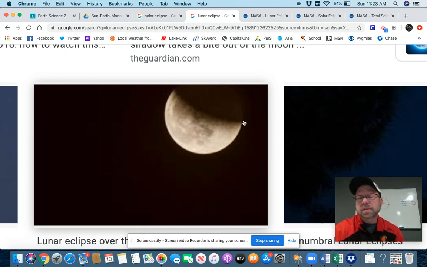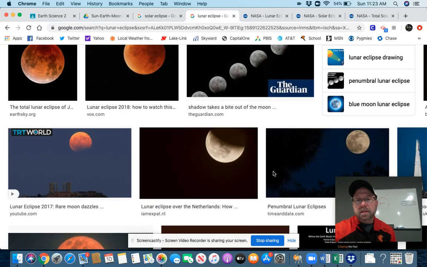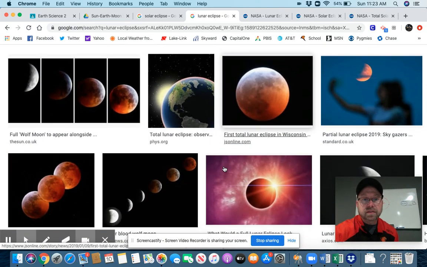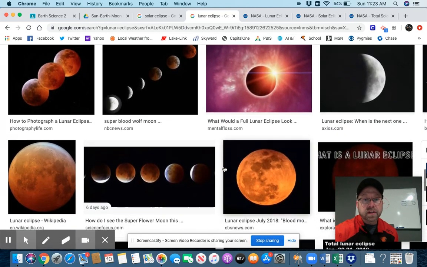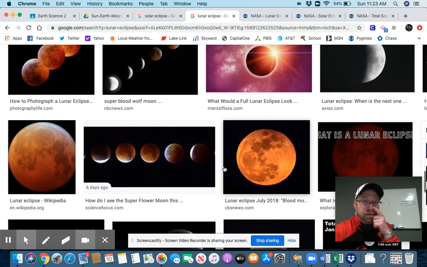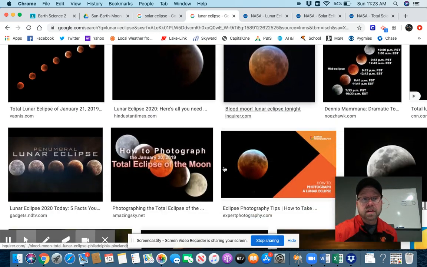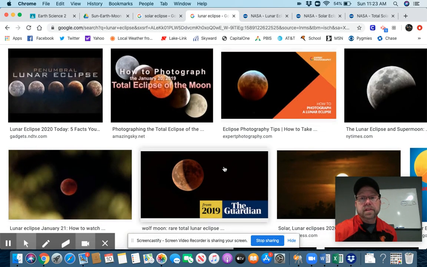If the Earth was flat, imagine what that shadow would look like. It would be like a straight line going across there or something like that. All right. And as the eclipse occurs, as the moon enters the shadow, it's curved on this edge. And as the moon goes out of the shadow, you can see the curve on the opposite side. So this was evidence long ago that the Earth is round.